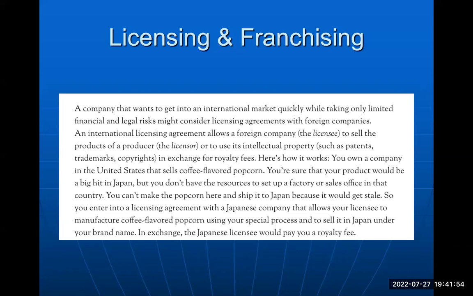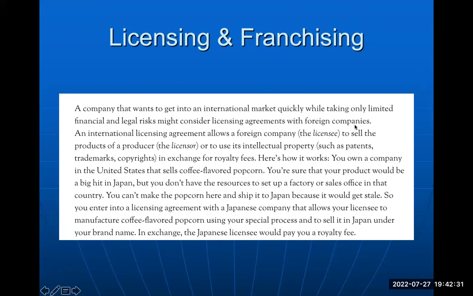So licensing just means that a company in one country is giving permission to a company or a person in another country to use their intellectual property, because they don't want to take on the expense of setting up shop in that country. So it says a company that wants to go into an international market quickly while taking only limited financial and legal risks might consider licensing agreements with foreign companies.